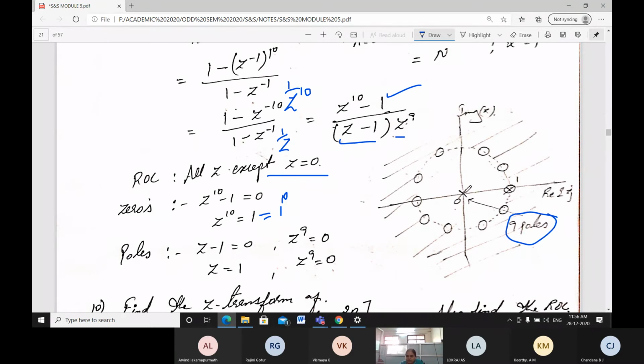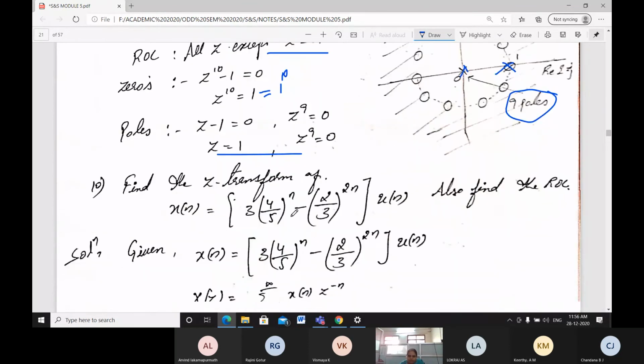You should not mark 9 poles again and again. No, draw one pole and then show that 9 poles exist there. That is one part. And again at z equals 1, one more pole. Observe here, 0 is also there, and one pole also exists. This is the z plane.